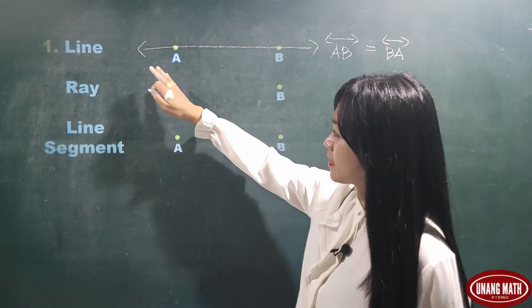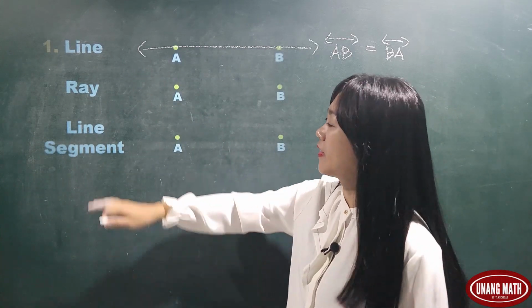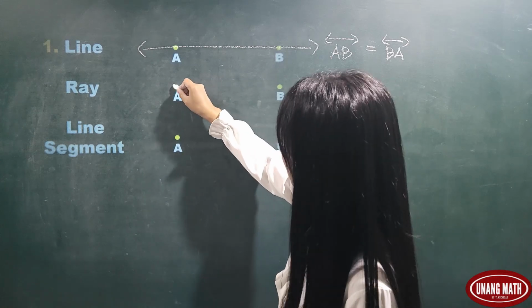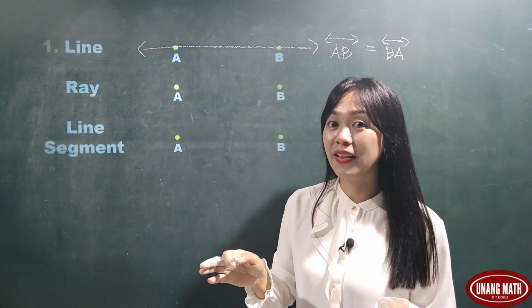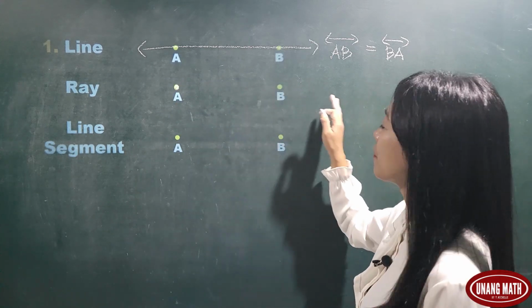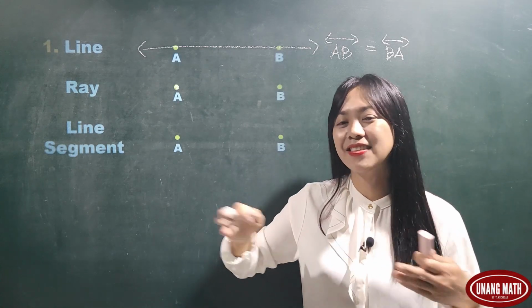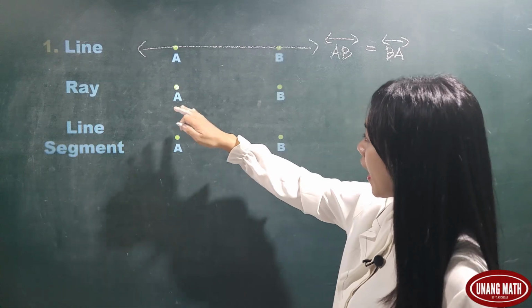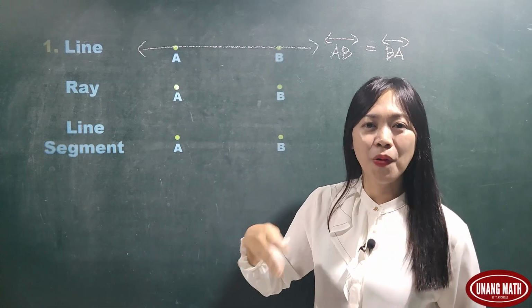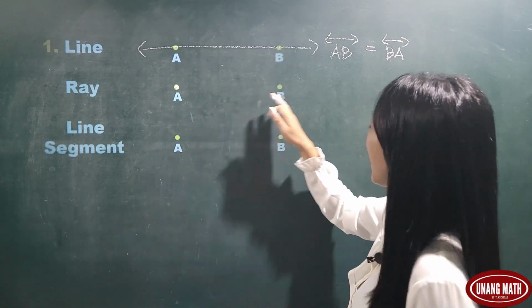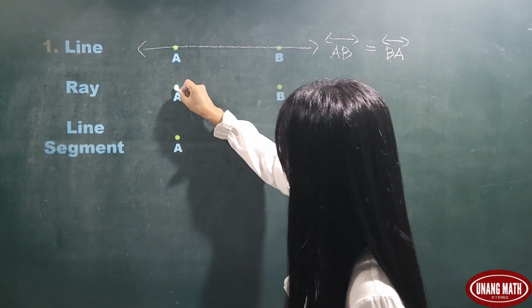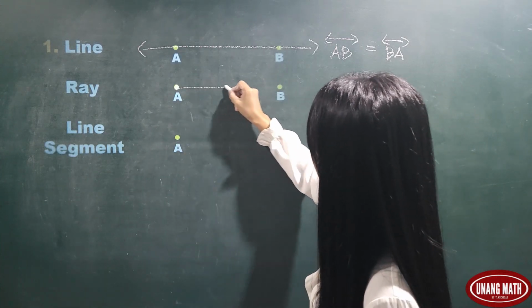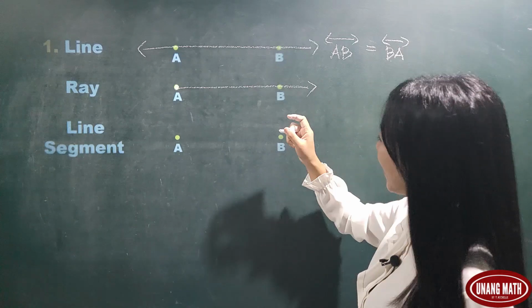Okay, let's move on to ray. If a line doesn't have a starting point and end point, a ray has a starting point, but it doesn't have an end point. So one side extends endlessly. Okay, example, ray AB. How are we going to draw ray AB? So A is the starting point, and then this side extends endlessly.